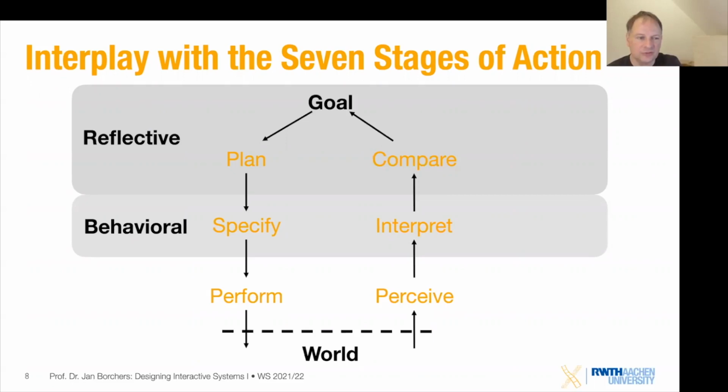So this is driven by concrete expectations we have of the device and of its behavior. Again, in the hope versus fear dichotomy for the execution side, and in the relief versus despair dichotomy for the evaluation side.